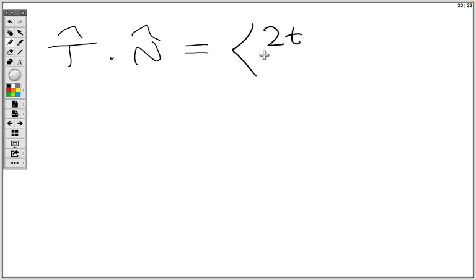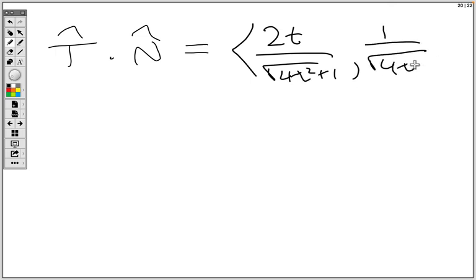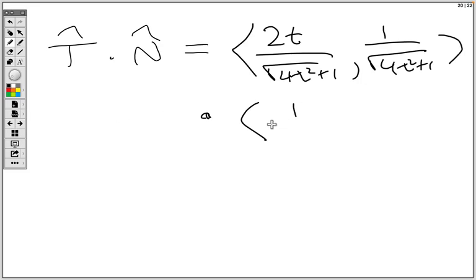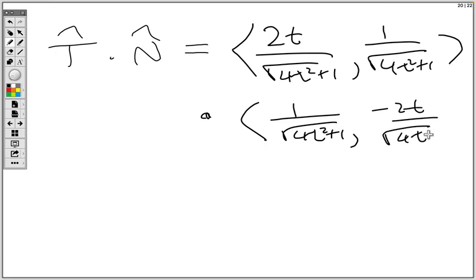So that would be 2t over the square root of 4t squared plus 1, comma, 1 over the square root of 4t squared plus 1, dotted with 1 over the square root of 4t squared plus 1, comma, negative 2t over the square root of 4t squared plus 1.